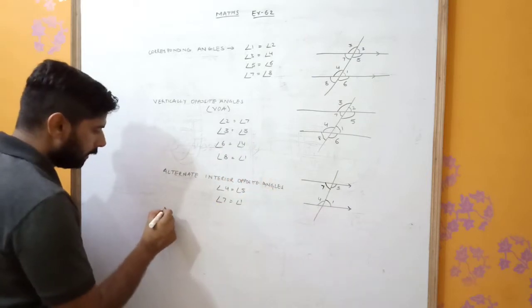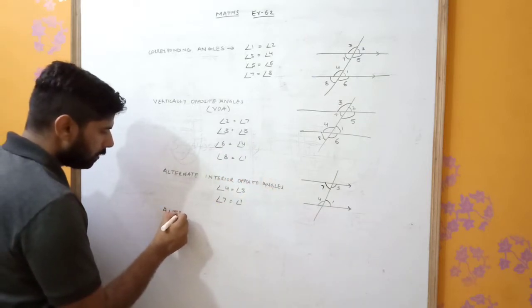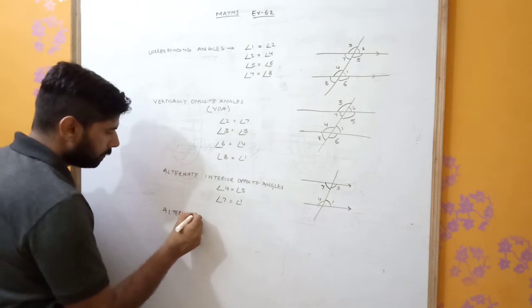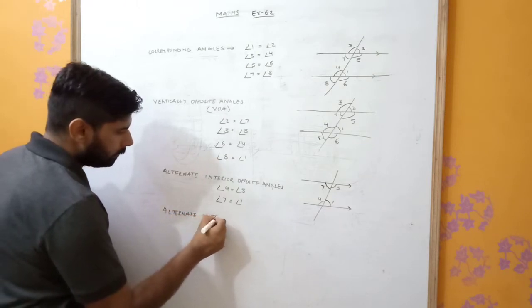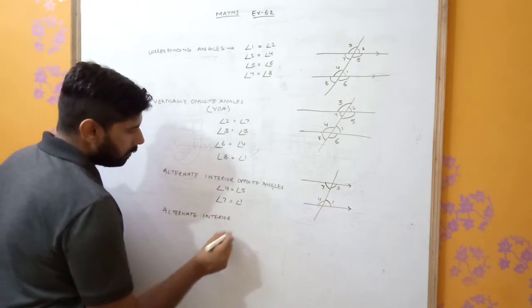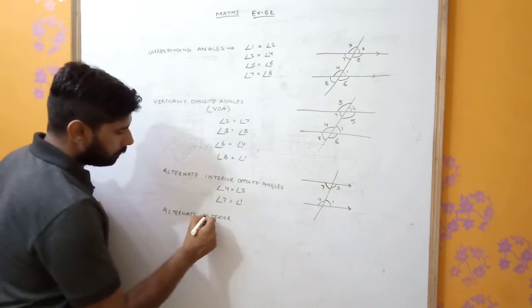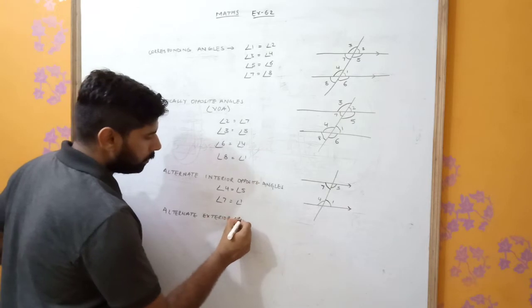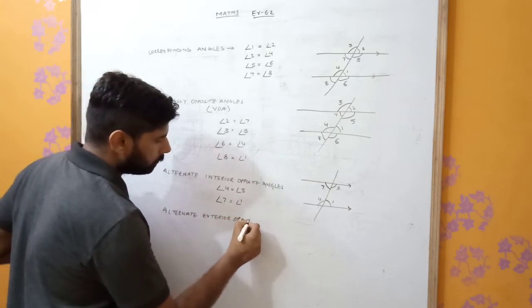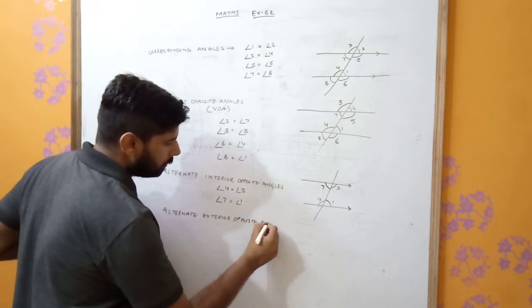Next is alternate exterior opposite angles.